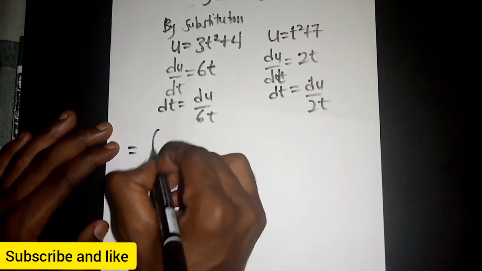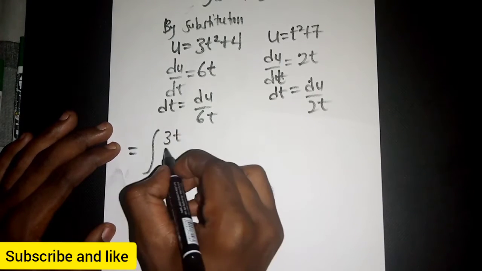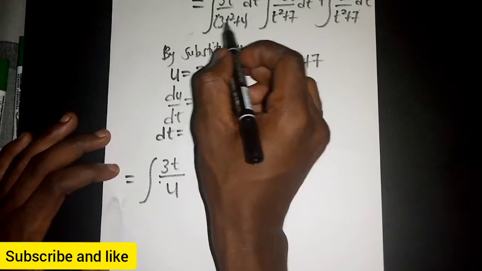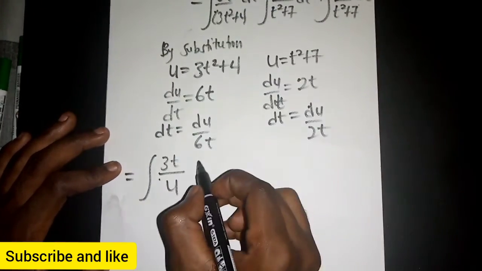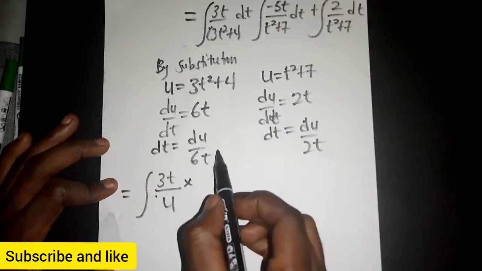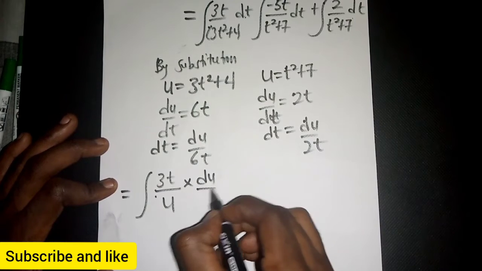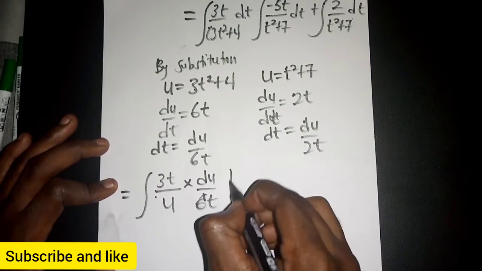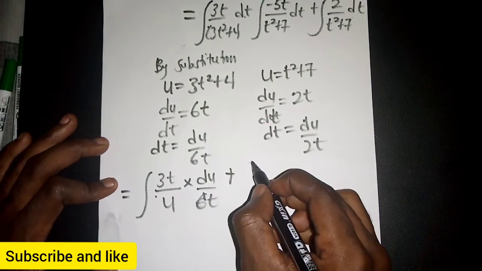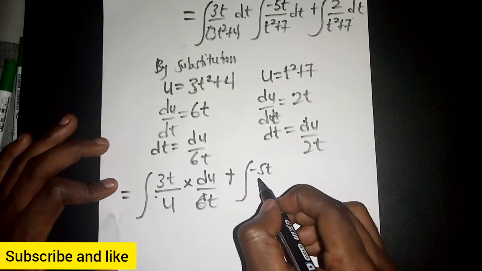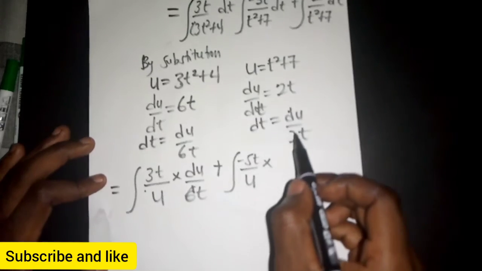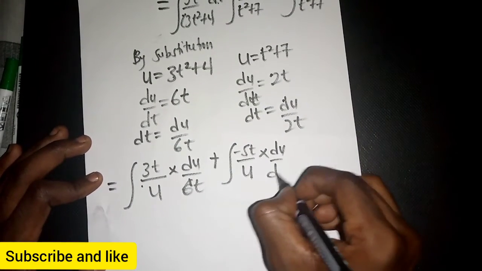So we have the integral of 3t, then we have u, because 3t squared plus 4 is just u. Then we have multiplied by dt, so we replace it by du over 6t. Then we have the next one, which is negative 5t over u, multiplied by dt, and the dt here is just du over 2t.